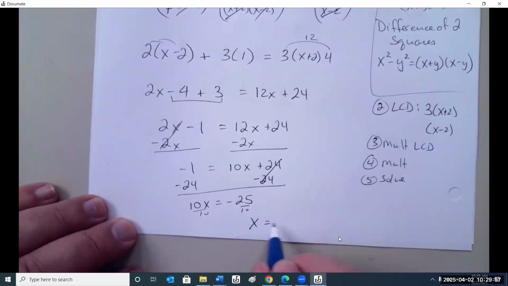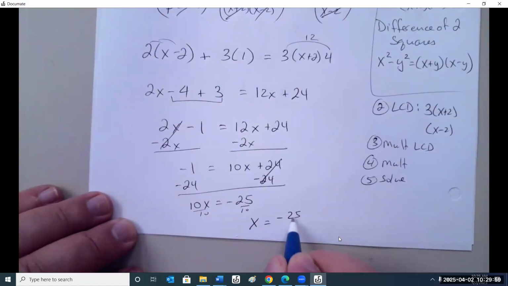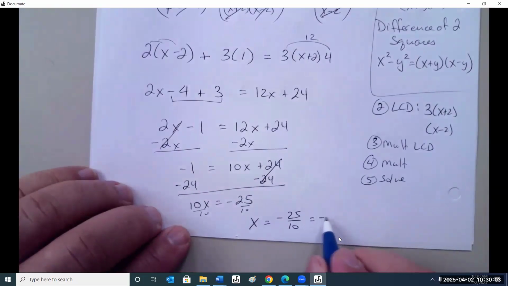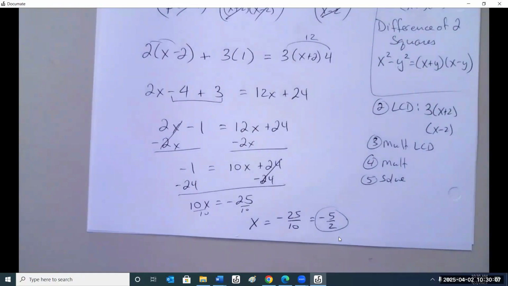So x is equal to negative 25 over 10, or negative 5 over 2. So far, so good. Now, is it a valid answer?